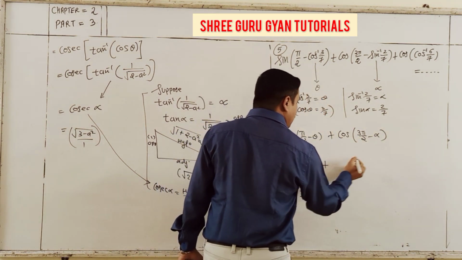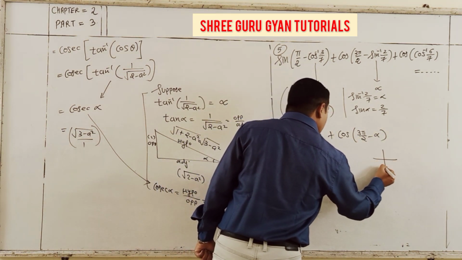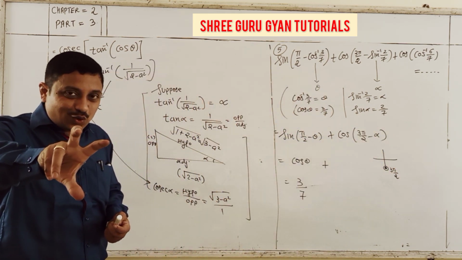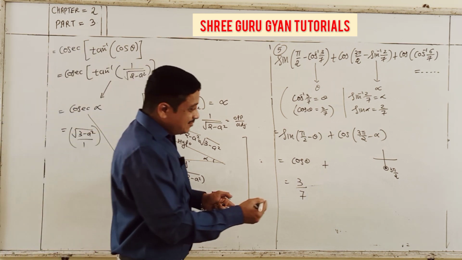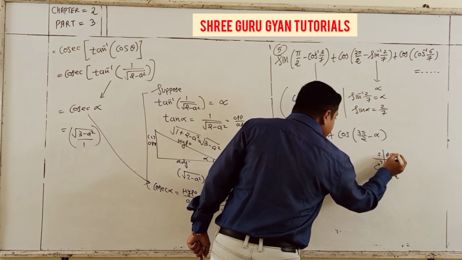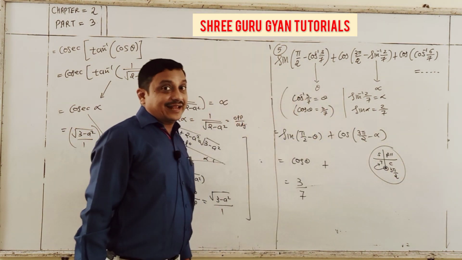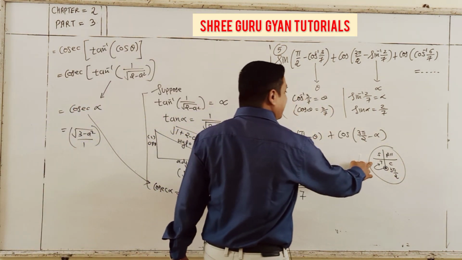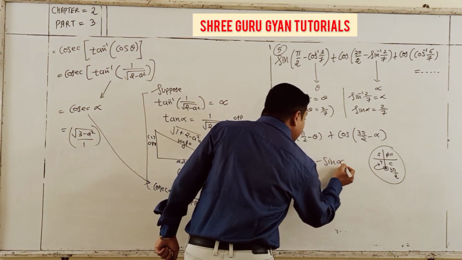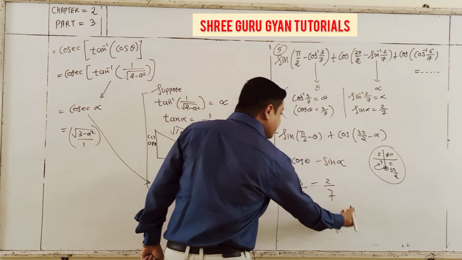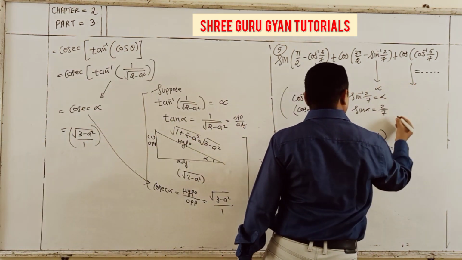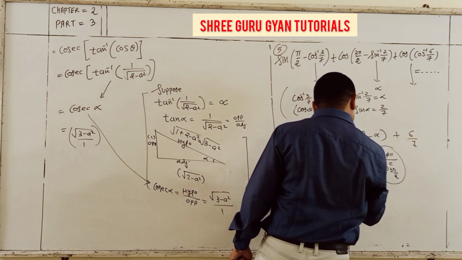Yes, and 3 pi by 2 means here, students, 3 pi by 2. Minus means you go clockwise, and clockwise means here your angle, All S T C. That's why I will write down here third quadrant, cos function is negative, or in terms of sine alpha, which is known, 2 by 7. And last, this is very easy, you will cover to 6 by 7 only.